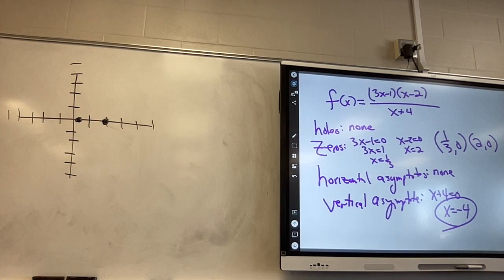Nice big dots, even though in reality they take up no space. We're not going to go there today. All right. The back and forth, there are no horizontal asymptotes. There are none. The vertical is at x equals -4. 1, 2, 3, 4.